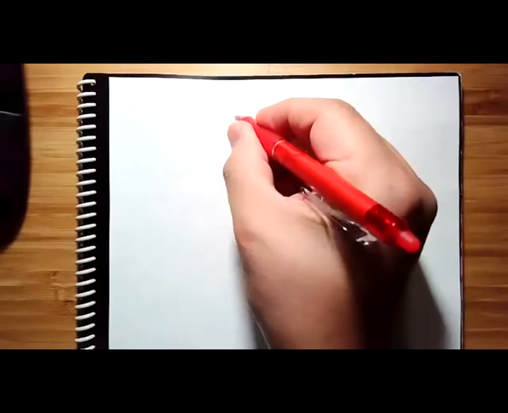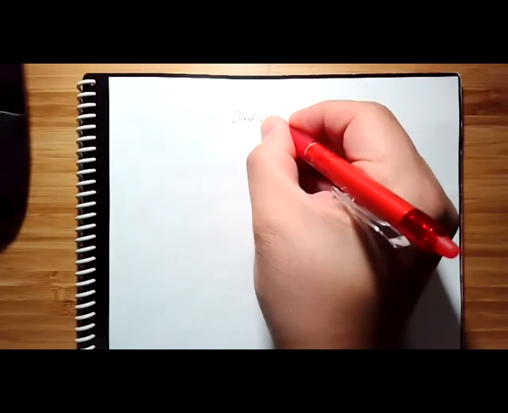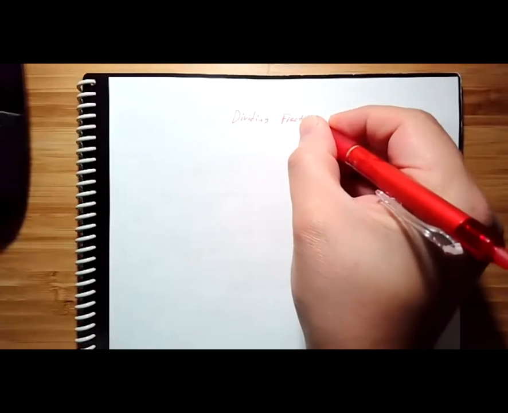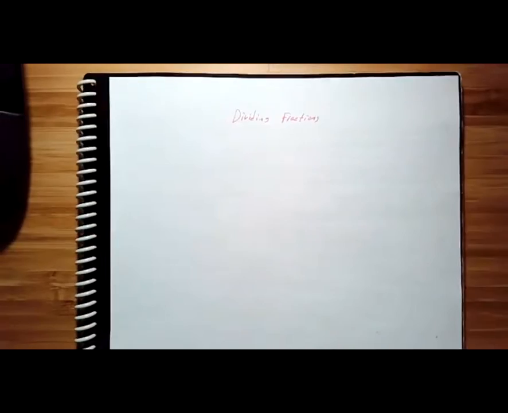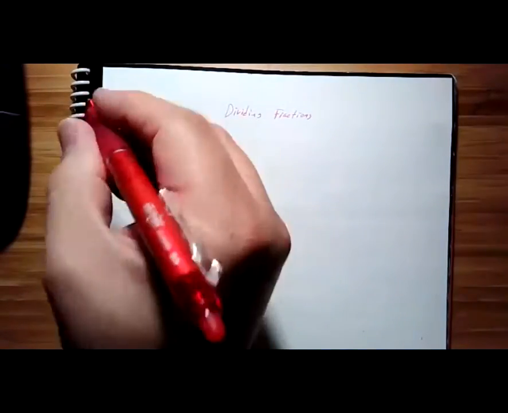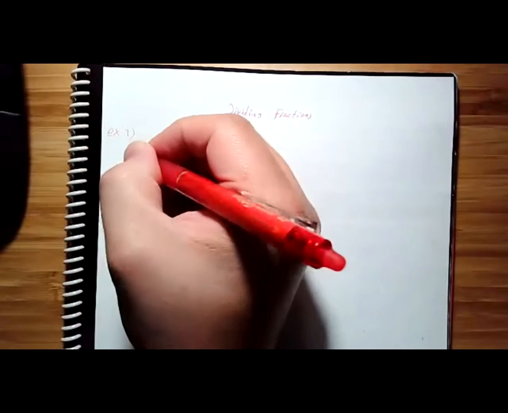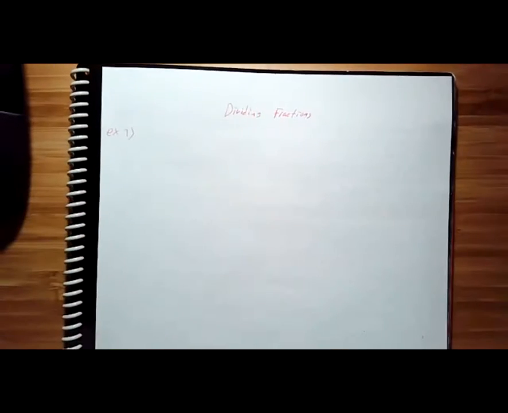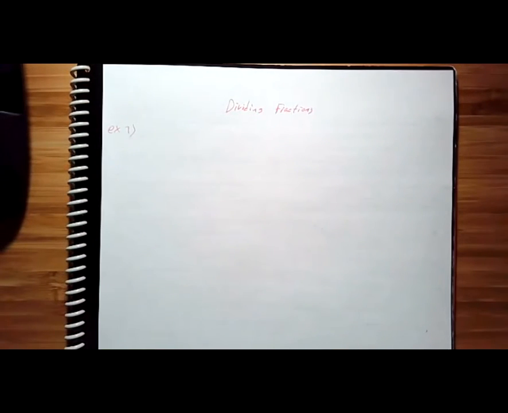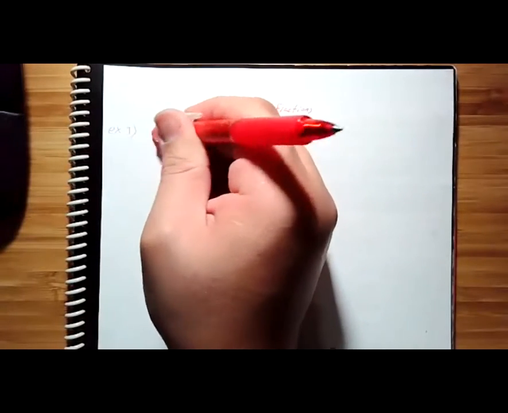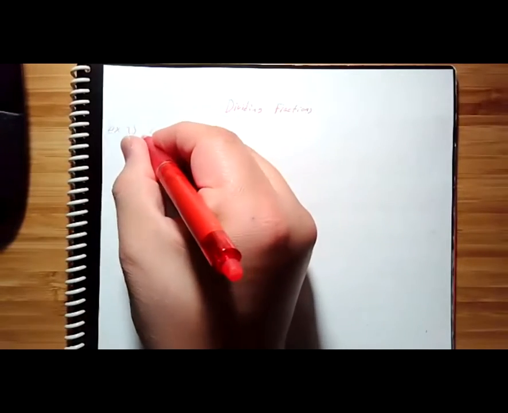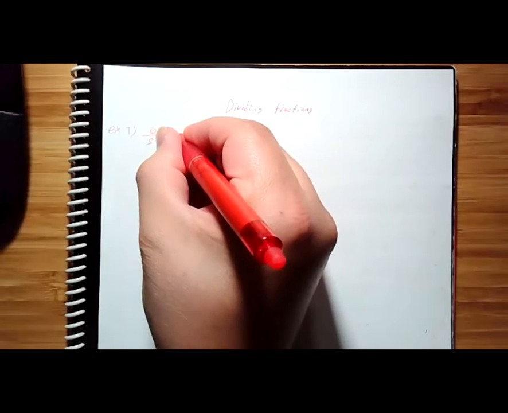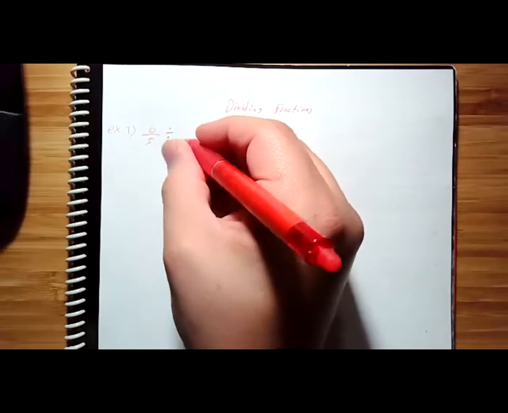So dividing fractions. Number 7, example 7. So here we have 6/5 divided by 4/7.